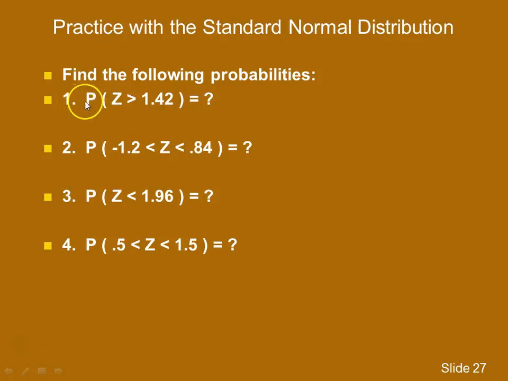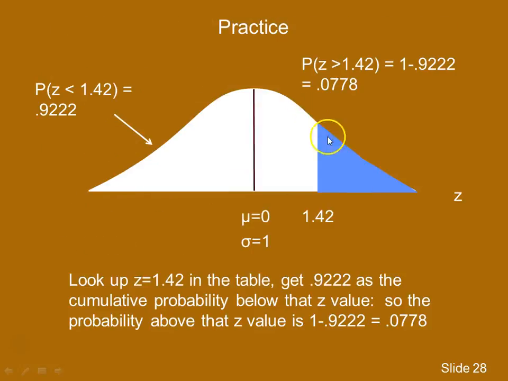Supposing I wanted this probability, the probability that Z is bigger than 1.42. Look up the Z value of 1.42 in your positive Z table. Now remember, the table is going to give you the cumulative probability below that. And if you look in the table, it's going to tell you that probability is 0.9222. But that's not what I asked you for.